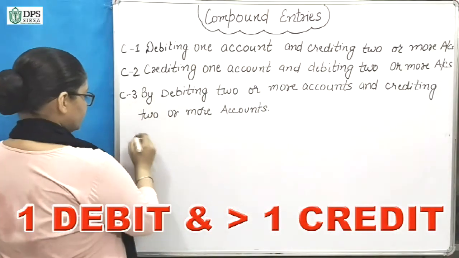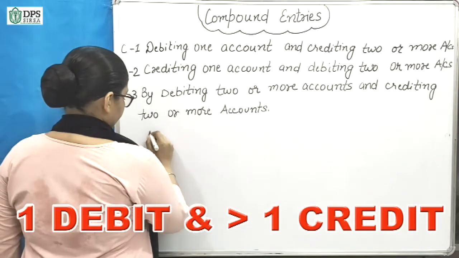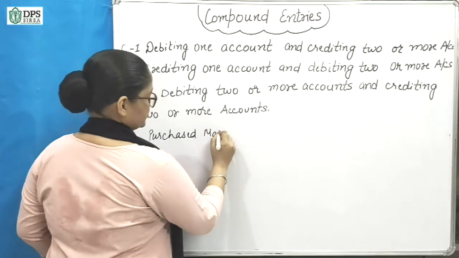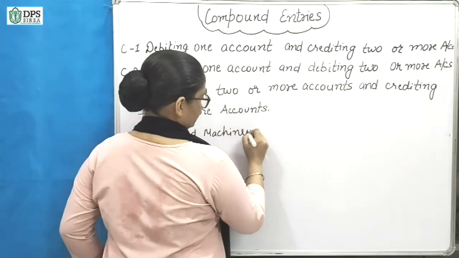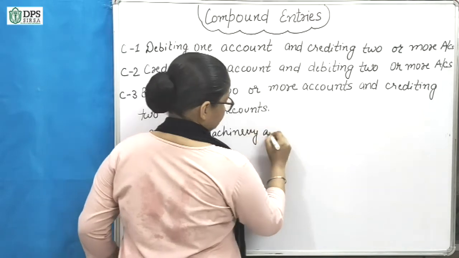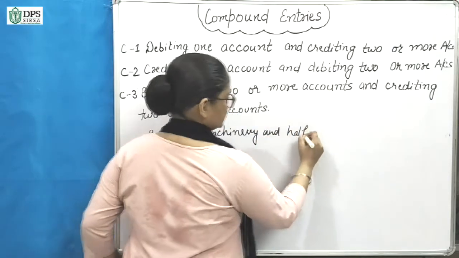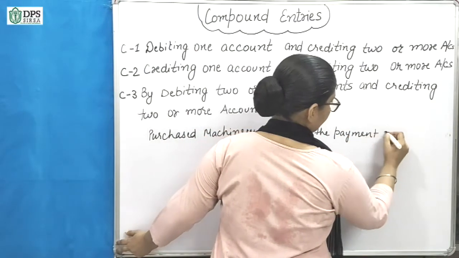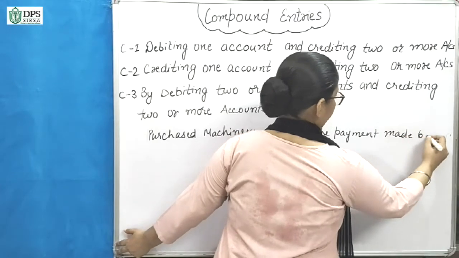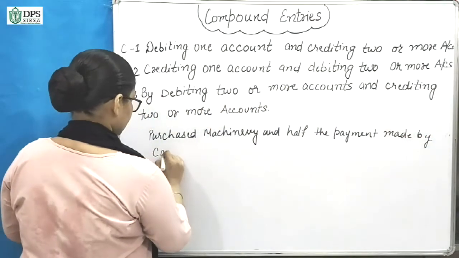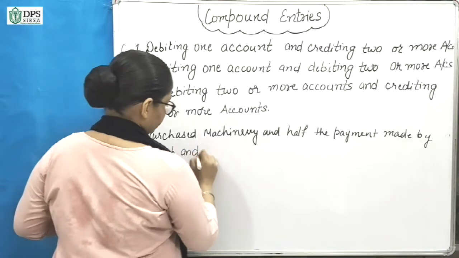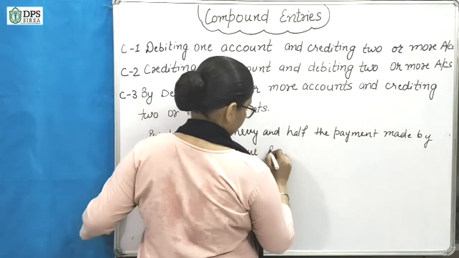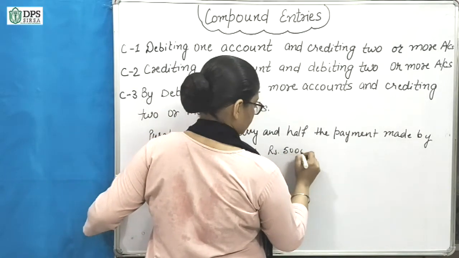Suppose we have purchased machinery, and half the payment made by cash and half by check, rupees 50,000.